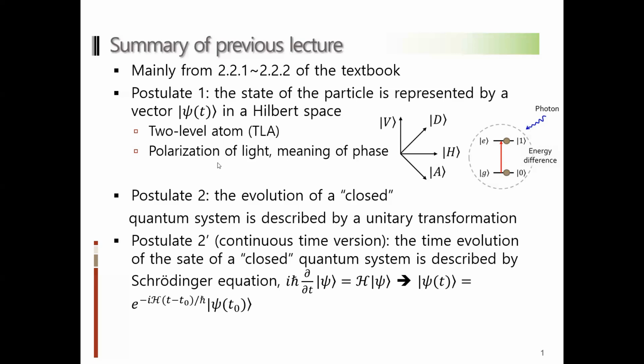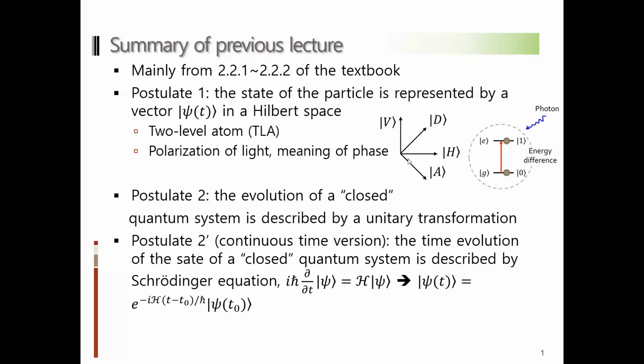Another example of a quantum system was the polarization of light. I showed you that the polarization basically behaves like a vector in a Hilbert space. In the previous lecture, I only gave you examples of vectors with real-valued components.